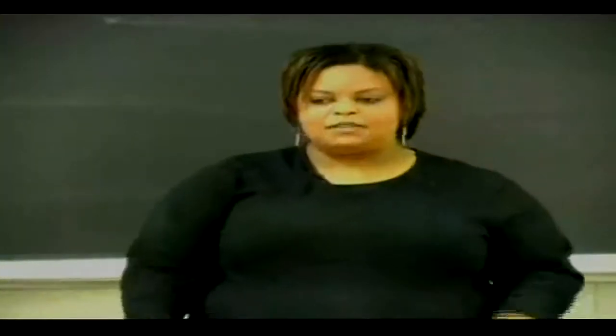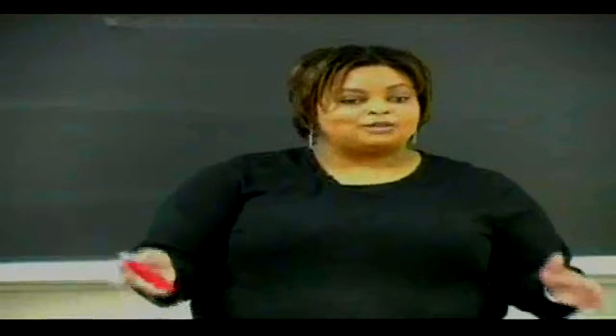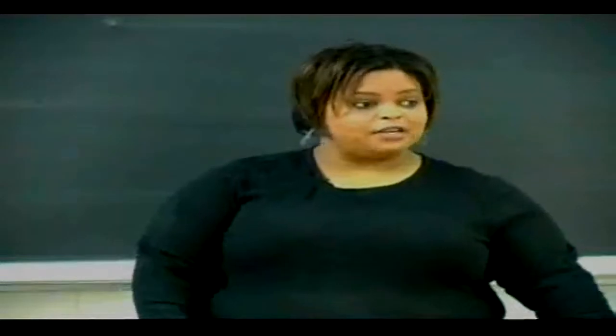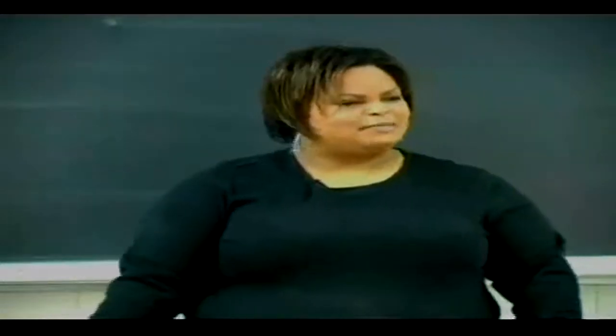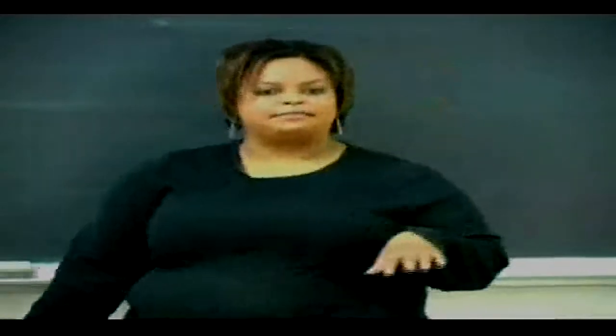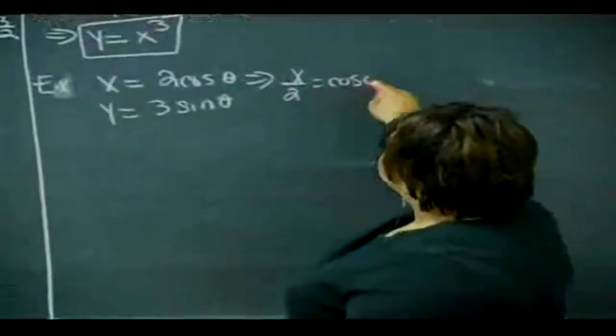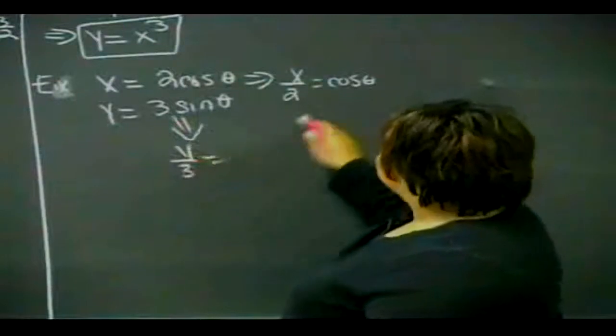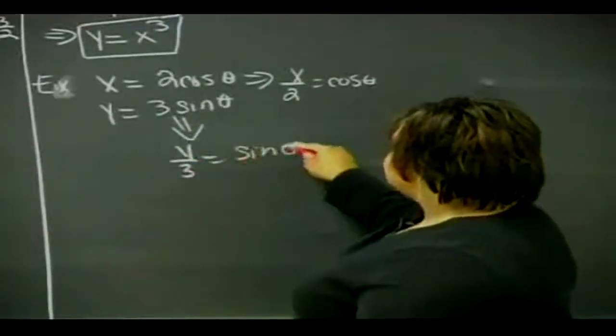I'm dealing with cosine and sine. Cosine squared and sine squared are related because the sum of that equals 1. So let me see if I can get to a cosine squared and sine squared and use the Pythagorean identity. From here, x over 2 is cosine theta, and y over 3 is sine theta.